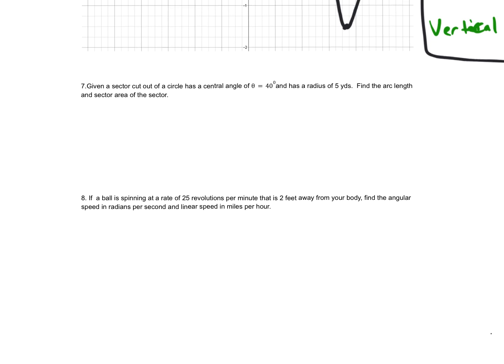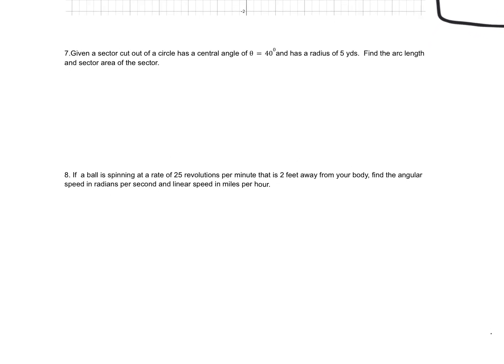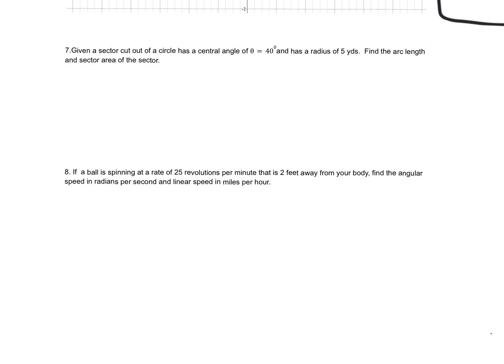All right, so jumping back to the first section we did with the first quiz material, we have sector area and arc length. If you remember, sector area is 1/2 r squared theta, and arc length is r theta. But the key thing for both of these, theta had to be in radians.